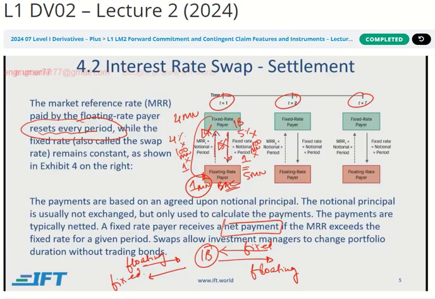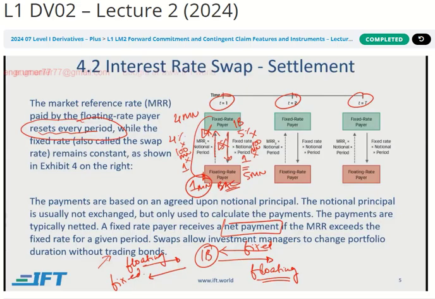So instead of using their money and investing in bonds that would give them a floating rate, they could just get into a swap. So both parties actually needed the opposite situation and they just swapped their cash flows instead of having to go out in the market and invest in bonds that would then give them the cash flows that they needed to pay out.